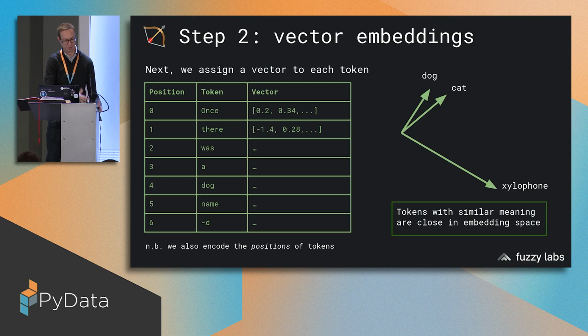And it's really that simple. That's the intuition you need. So in this example, dog and cat ought to be nearby. Xylophone ought to be very, very distant. And when we talk about distance, we're almost always talking about cosine distance, the angular distance between the two vectors. Also, this is a two-dimensional example. Of course, our vector spaces have many, many more dimensions than 2. But never mind that, I'm just building intuition here.